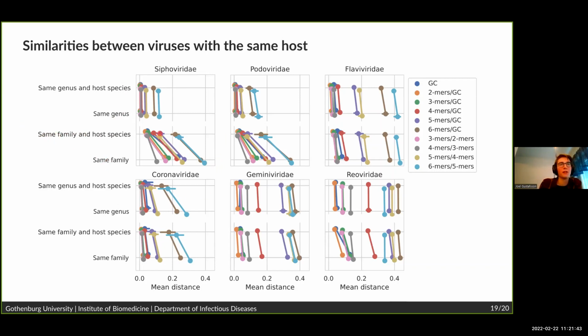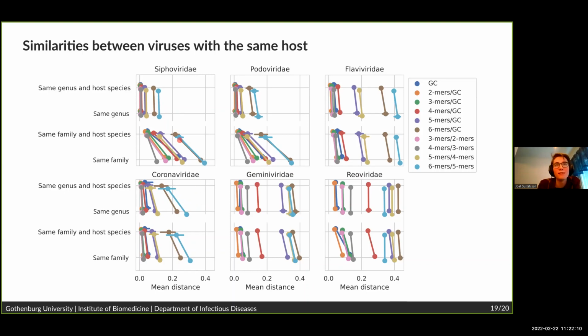And we're looking for a slope here, and the slope means that the similarity within the group of viruses that infect the same host is larger than the entire similarity in the entire family. And these are some of the most interesting and some of the most prominent cases where we actually see some sort of adaptation or similarity here.